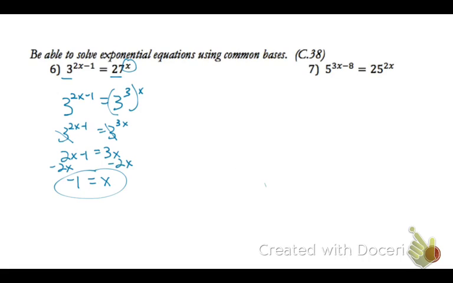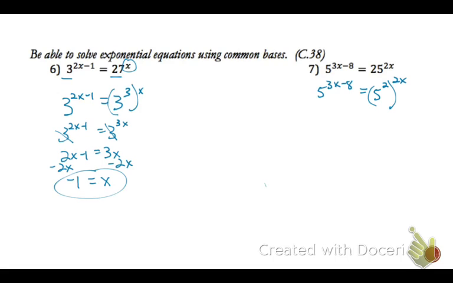Now in number 7, let's look at our bases, 5 and 25. So 5 can't be written as the power of any other base, but 25, I could rewrite that in terms of 5. So I'll have 5 to the 3x minus 8 power, and then I can rewrite 25 as 5 squared.